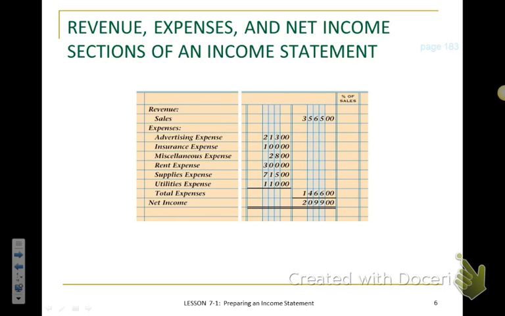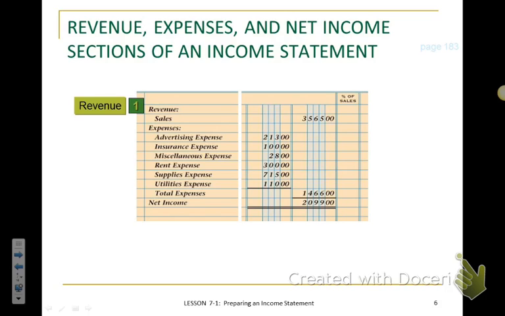Then we're going to take the information that we have in our, where are we getting all the information for the income statement? The worksheet. We're going to take that information from the worksheet and present it in what we call financial statement format. So these columns here are not debit and credit. Don't think that way.